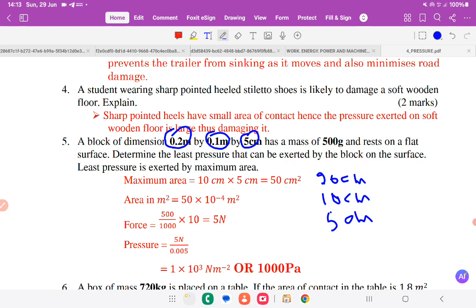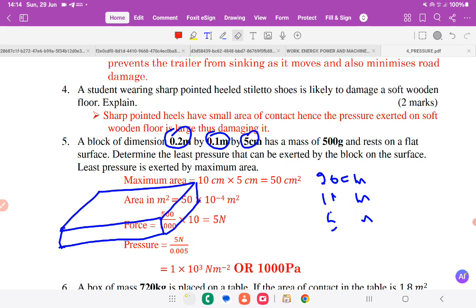Okay, so we have a block of wood here, which is resting on a flat surface. Let's suppose that the block is something like this. So we have a block of wood resting on a flat surface. Mind you, the dimensions of this block need to be shown on the diagram.